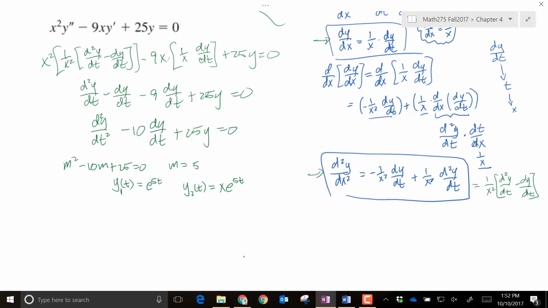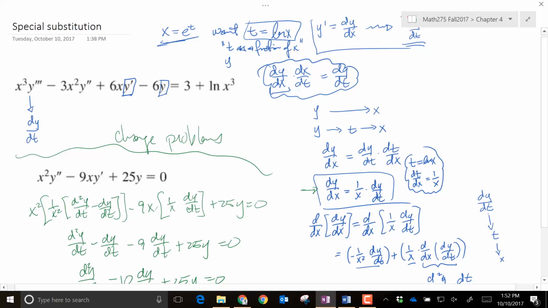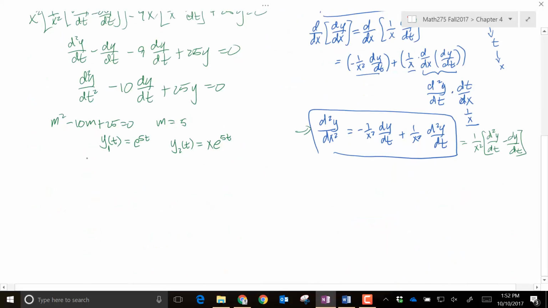We can use x is equal to, or t is equal to, sorry. T is equal to ln x. So y1 of x is equal to e to the 5 times ln x. y2 of x is equal to x.